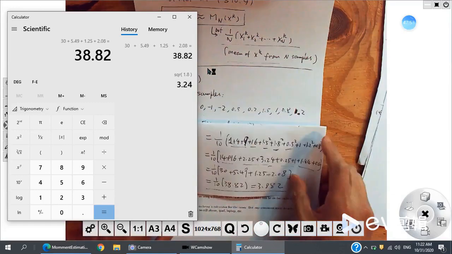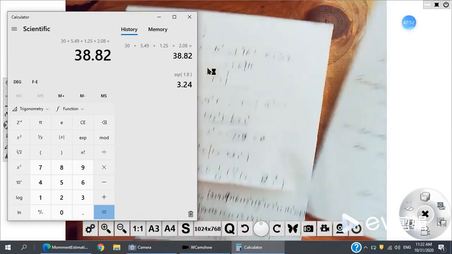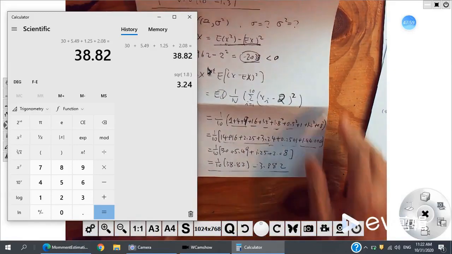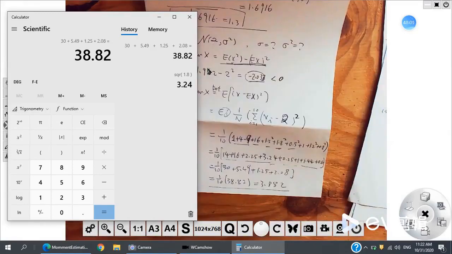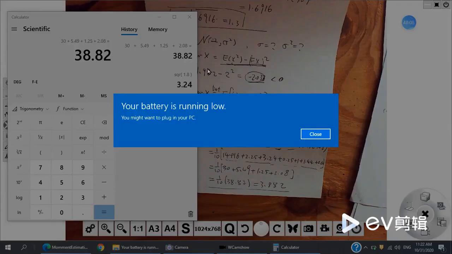Okay, so we have the variance, right? Now we have the variance, sigma squared.